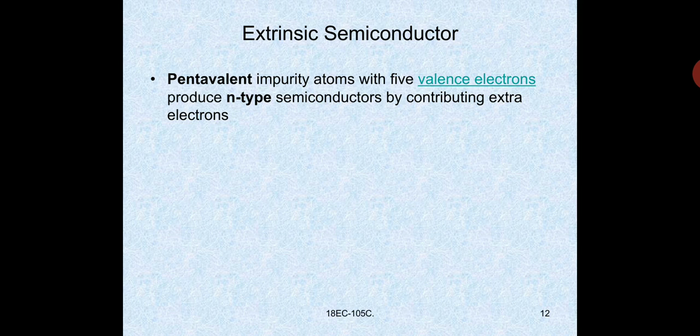So we are going to add a pentavalent impurity to a pure semiconductor to make it impure, and the resulting semiconductor has an excess of electrons.